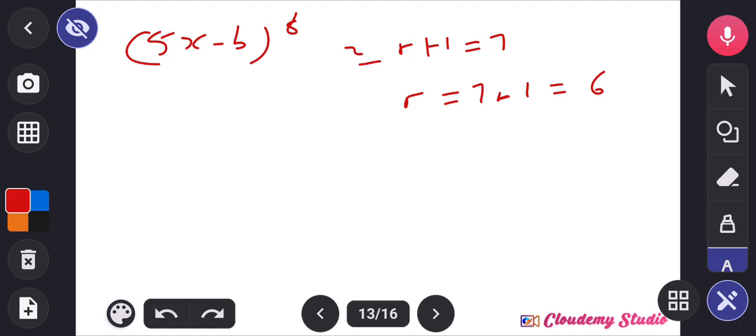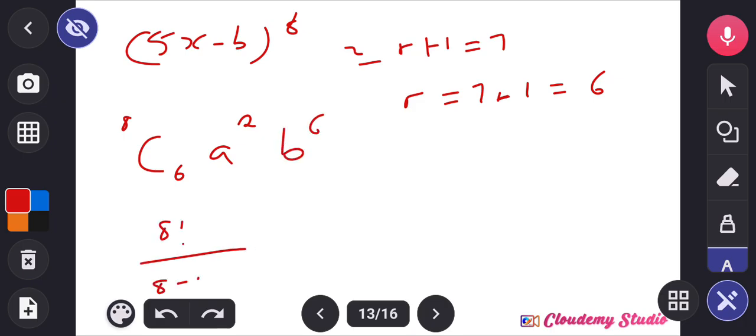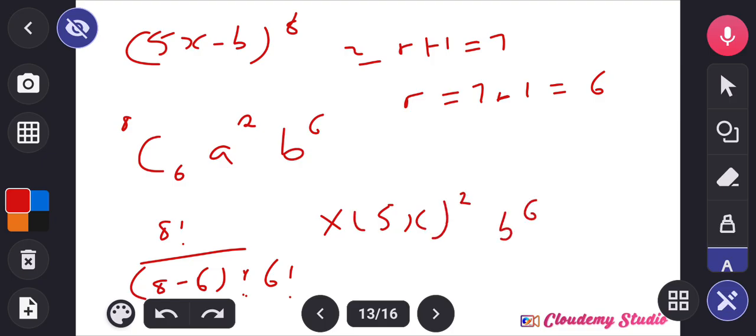Therefore, you can solve it the way I solved it. That will be 8 choose 6: n minus r, which is 8 minus 6, equals 2, and b raised to the power 6. That gives us 8 factorial divided by (8 minus 6) factorial times 6 factorial, multiplied by a, which is 5x, everything to the power 2, and b raised to the power 6.